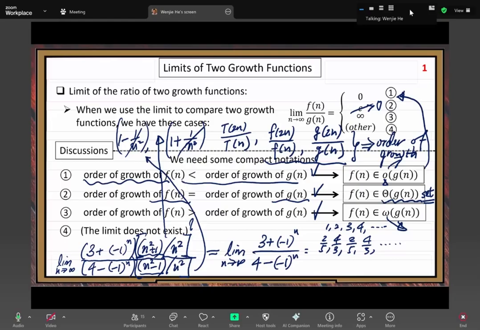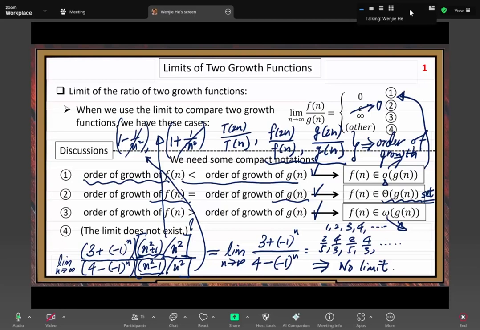Now I ask you, what is the limit of the sequence? We observe the pattern: only two different values, up and down. So the result is no limit, or you say the limit does not exist, because this sequence does not converge.